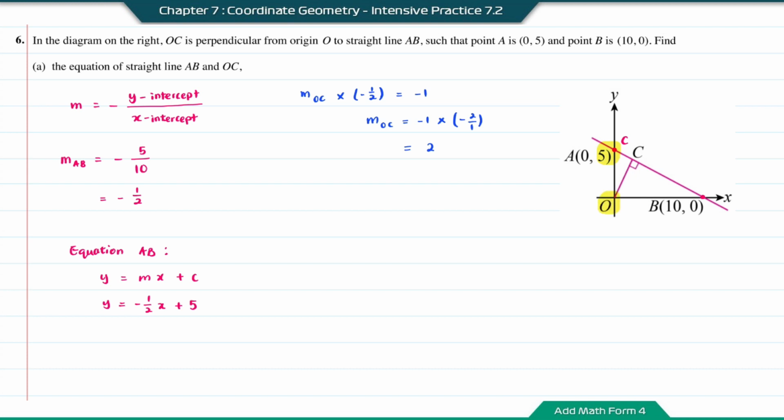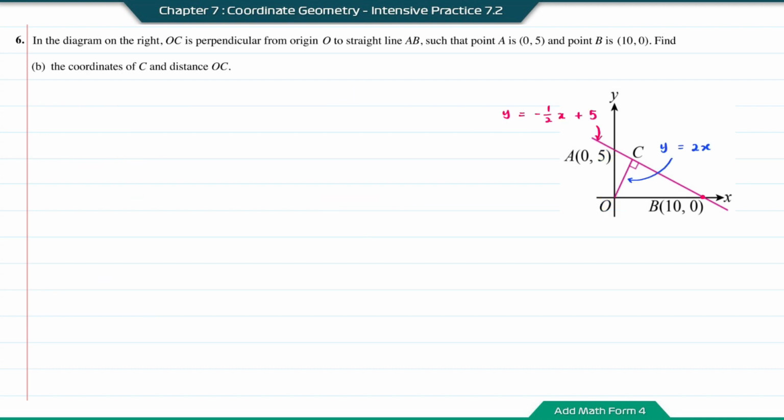So based on the diagram here, for the straight line OC, the y-intercept is equal to 0. So using y equal to mx plus c, the equation OC will be y equal to 2x. Question (b). Find the coordinates of C and distance OC.